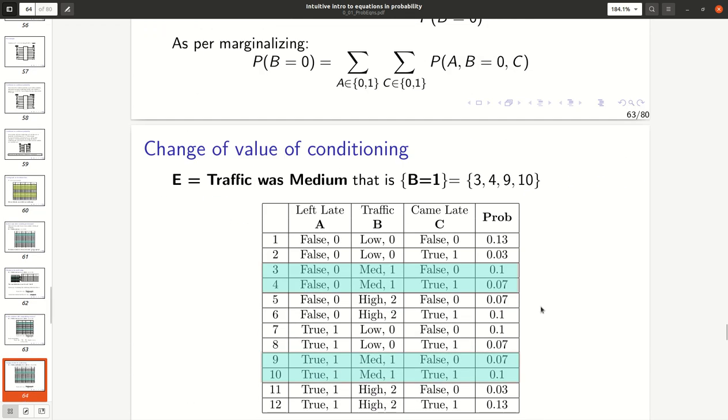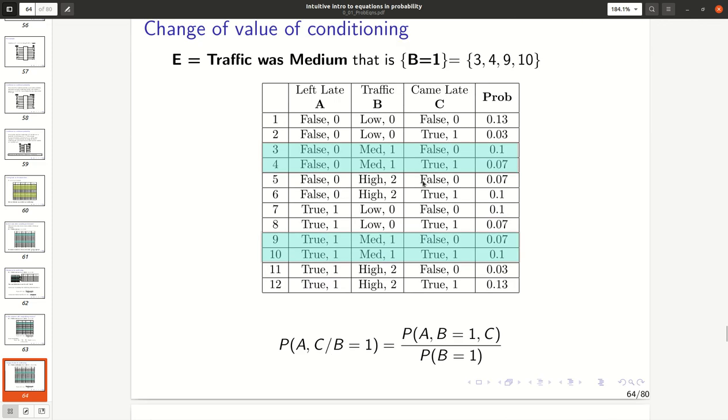Now let us see what happens if we give B some different value. For example, let us condition on B is equal to 1. Then it will select an entirely different set of rows, 3, 4 and 9, 0.